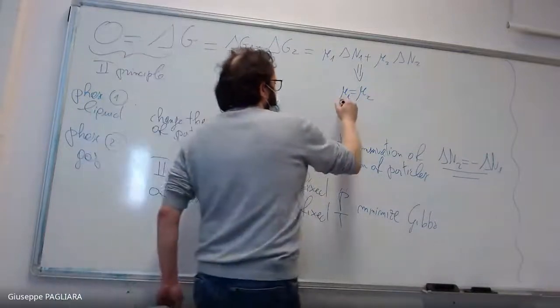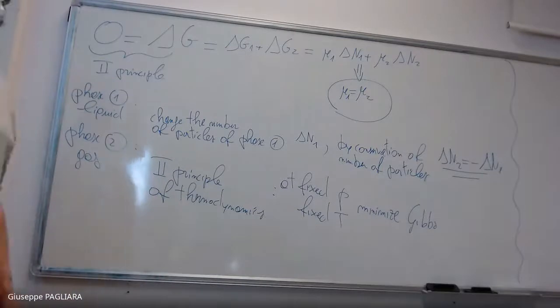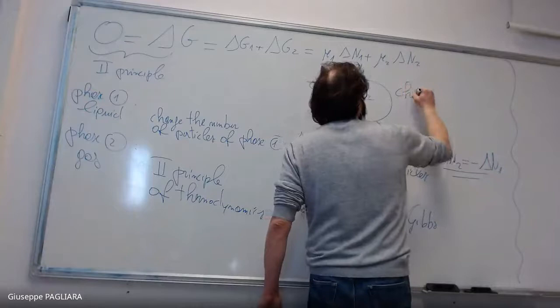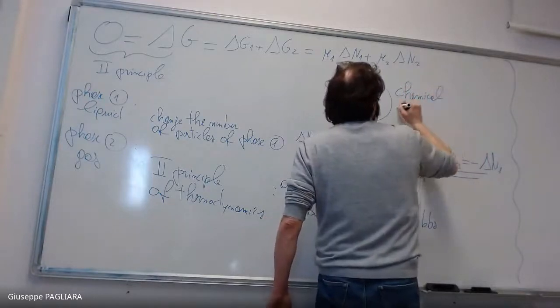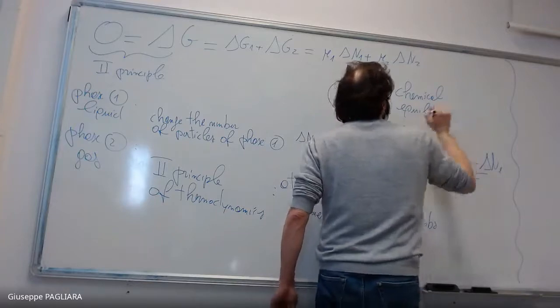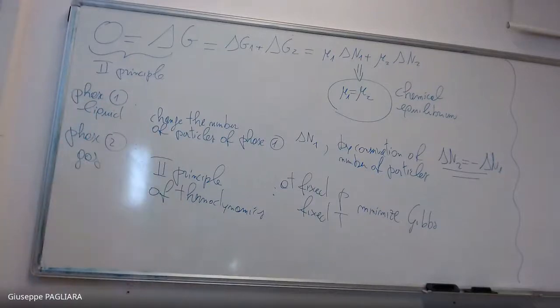So the two phases are not only in mechanical and thermal equilibrium, but they are also in chemical equilibrium. Okay, this is chemical equilibrium. So the two phases have the same pressure, the same temperature, and the same chemical potential in the mixed phase, in order to be at thermodynamical equilibrium, which means minimizing the Gibbs free energy.